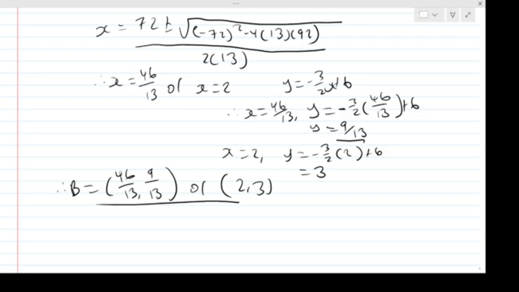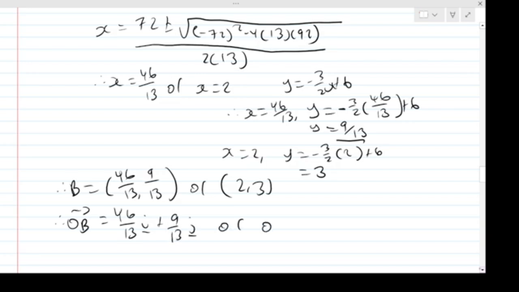So these two coordinates as vectors, we're either going to get 46 over 13 i, add 9 over 13 j, or the other possibility is 2i add 3j. So the x and the y parts there. And so there we are, those are my two possible position vectors for OB.